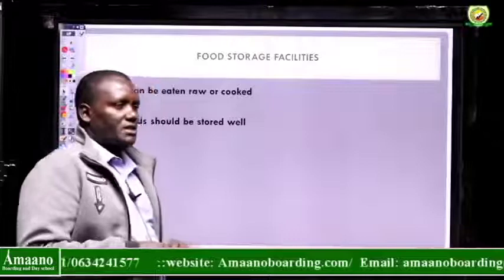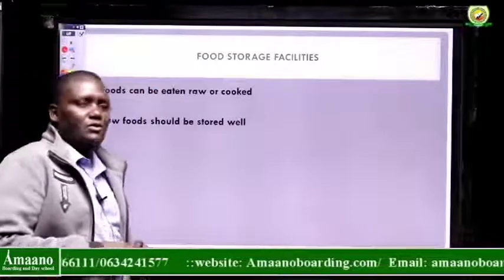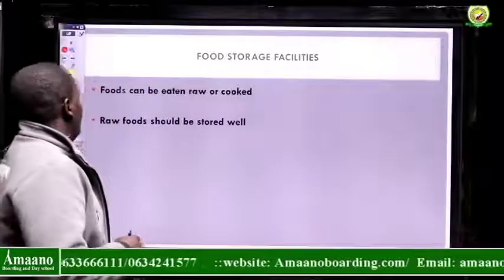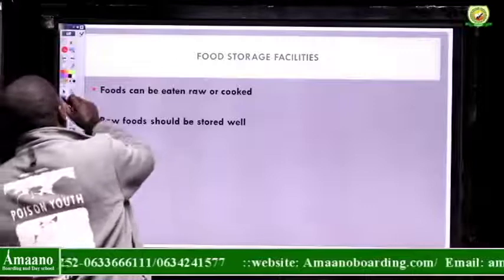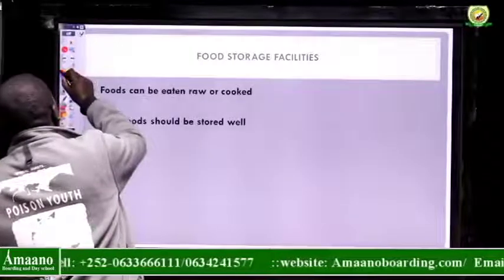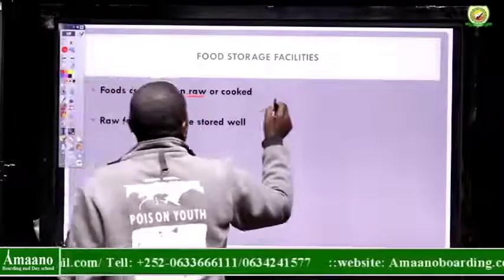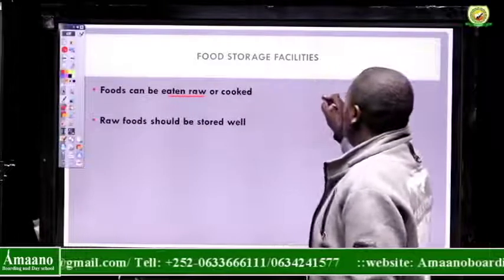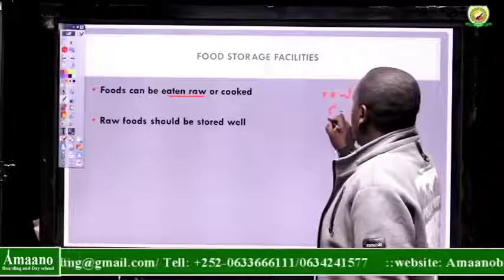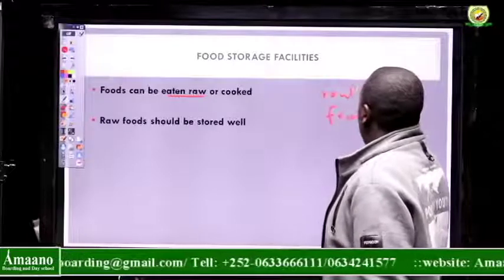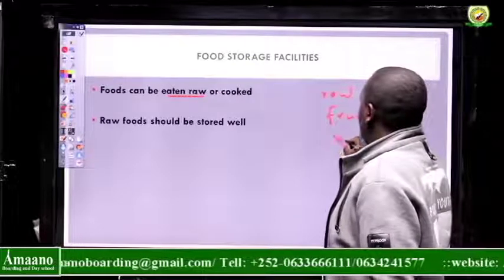Now, foods can be cooked or can be eaten raw. For example, the foods that can be eaten raw are fruits and vegetables.